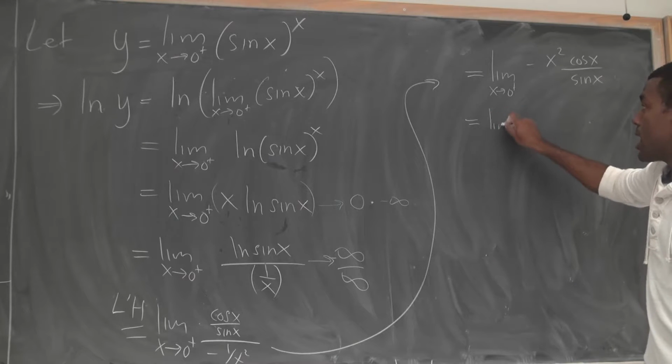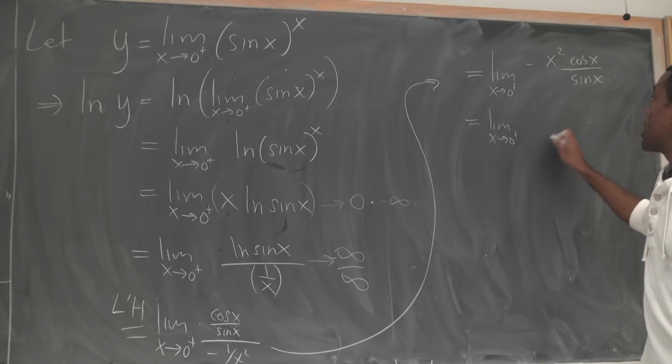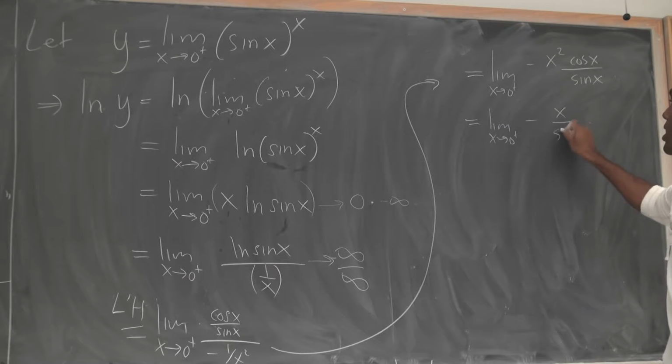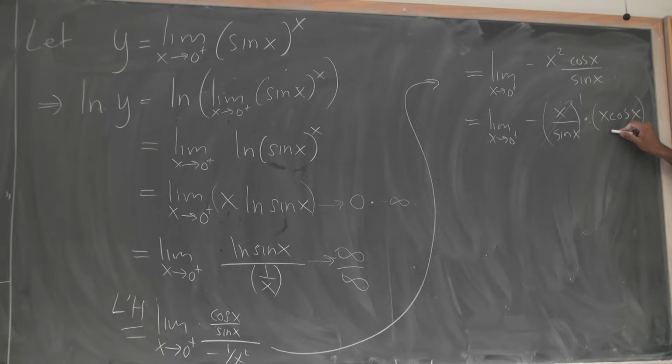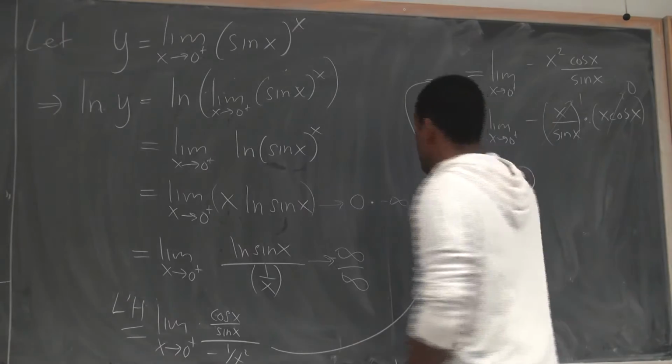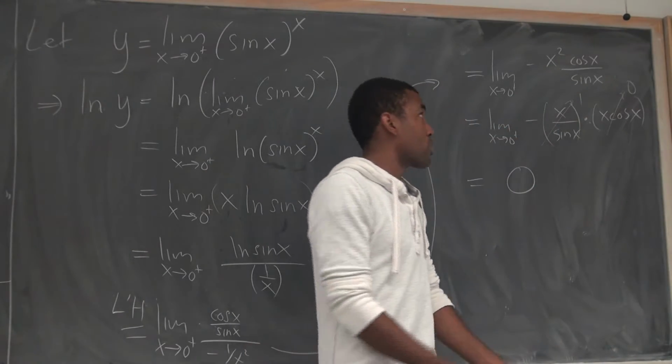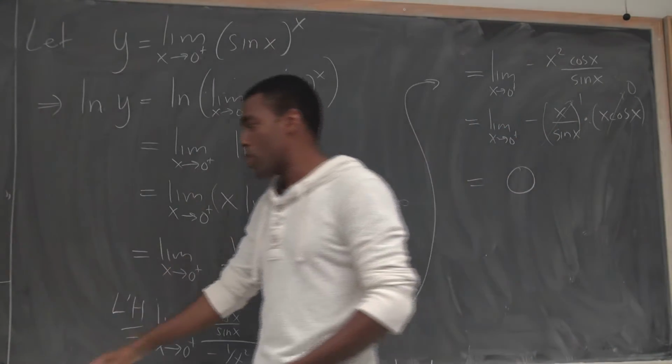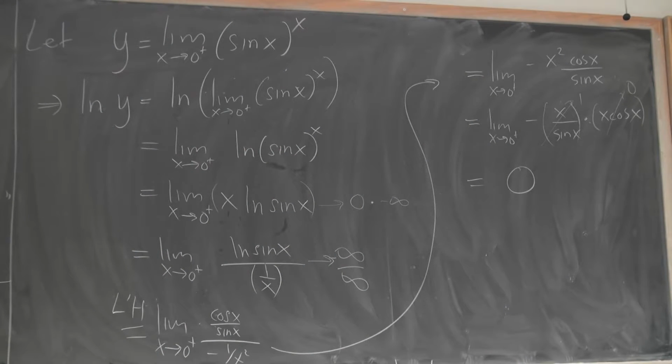I can rewrite this as x over sine x times x cosine x, with a minus sign. What does x over sine x approach as x approaches 0? This guy approaches 1. As x approaches 0, what happens to the other factor? It approaches 0. This is actually just minus 1 times 0. Doing L'Hopital's rule again, I'd have to do the product rule or remember the derivative of cotangent. I don't want to do that. Are we done?